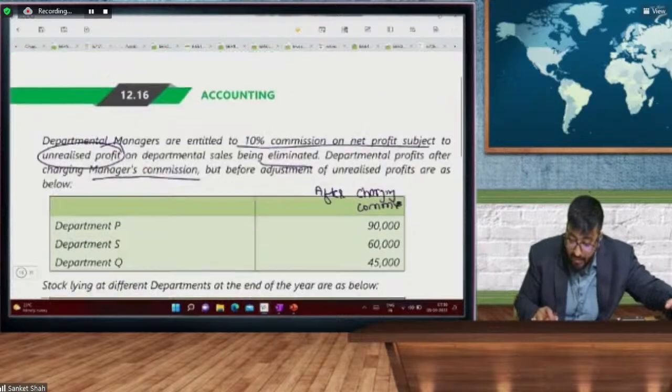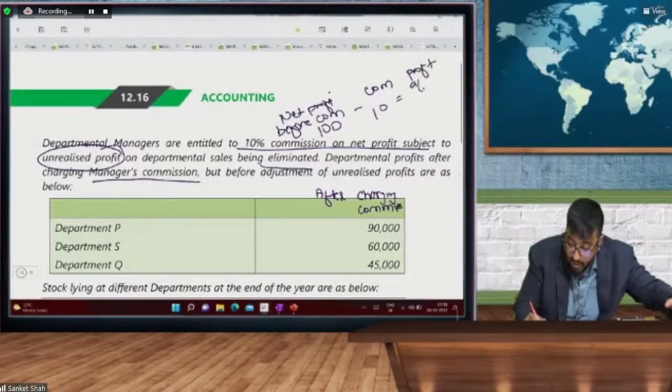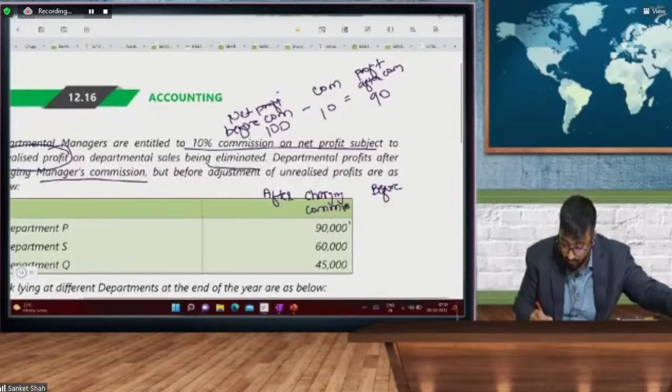So 10% commission on net profit. So net profit before commission will be 100, commission will be 10, and profit after commission will be 90. And before that, 90%, 90%, 90%.